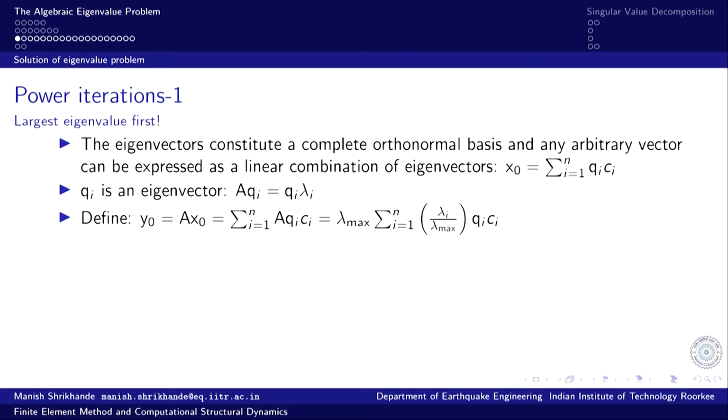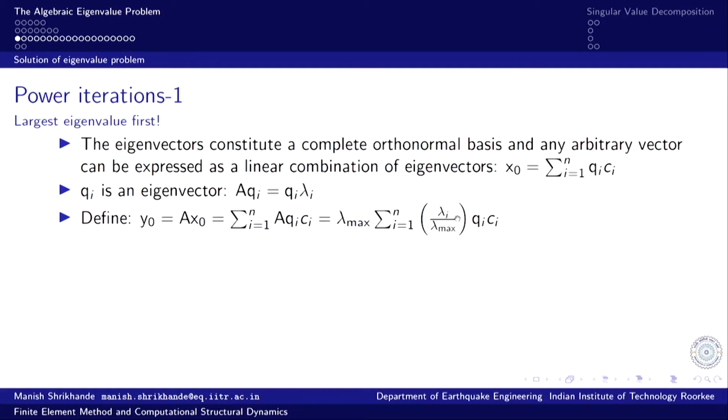And if I take out hypothetically the largest eigenvalue as a common factor, then each of these terms is weighted by the coefficient lambda i by lambda max. So, lambda i is the eigenvalue corresponding to the ith eigenvector, and lambda max is the largest of the lambda i's, all eigenvalues, in magnitude.